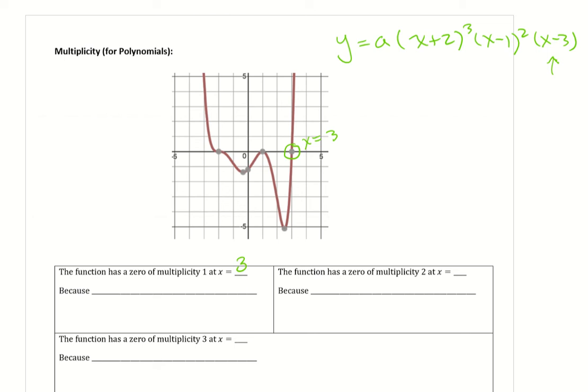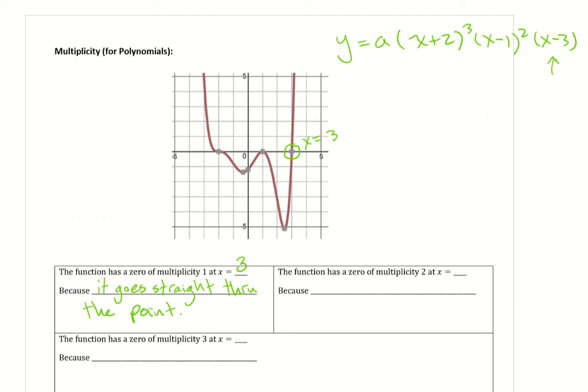And the reason we know this, if we didn't know the equation, is it goes straight through the point. See how it doesn't squiggle or have a parabolic shape? It just goes right through. That's how we know it's multiplicity 1.